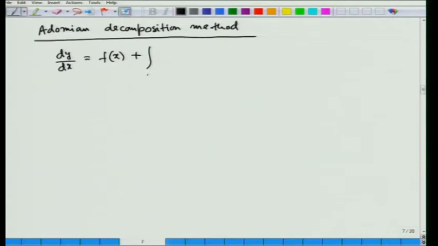integral 0 to 1. We are assuming that the kernel is separable and the kernel is a product of only two terms, that is p(x) and q(s). So, the equation is given by p(x) q(s) y(s) ds with given initial condition y(0) equal to alpha.